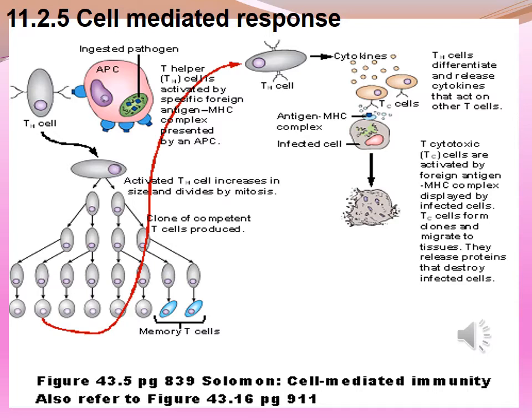Virus invades body cell, then infected cell displays foreign antigen MHC class I antigen complex, then specific TC cell is activated by this complex, then forms a clone of TC cells. After the clone of TC cells is produced, TC cells migrate to the area of infection. And lastly, the TC cells release proteins that stimulate destruction of target cells.